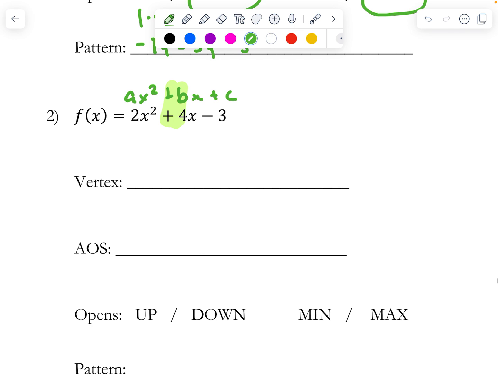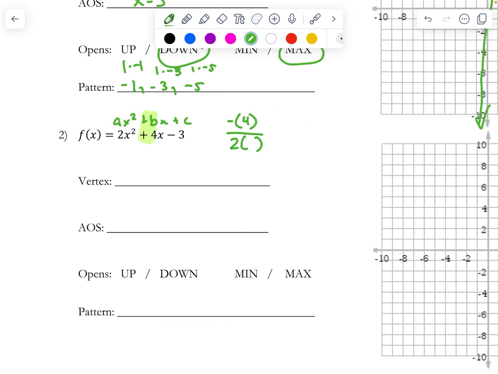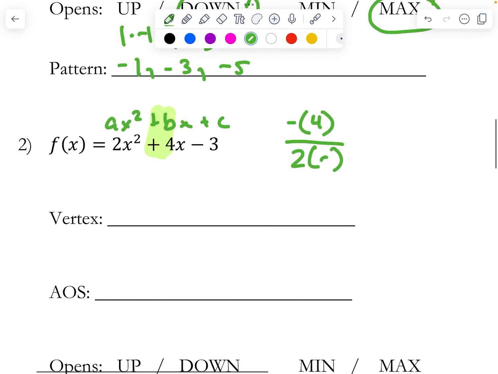So if my b is 4, then negative b would be negative 4 over 2 times a, which ends up being 2 here, right? 2 is my a. So now that means that we've got negative 4 over 4, which is negative 1. Cool. So now, how do we find my y when my x is negative 1?